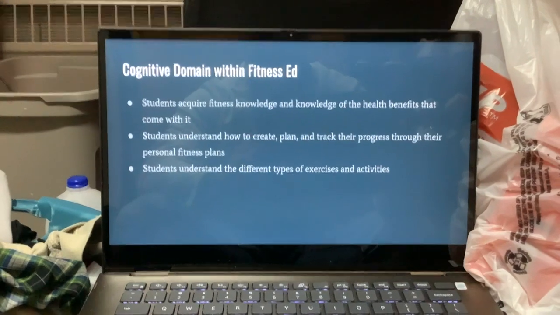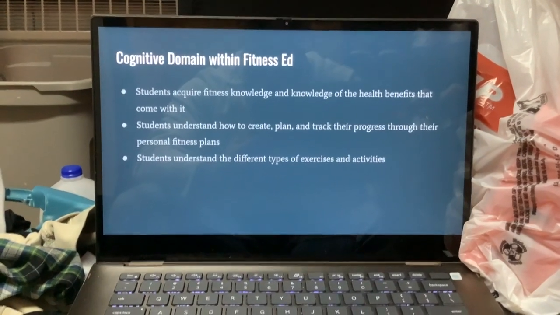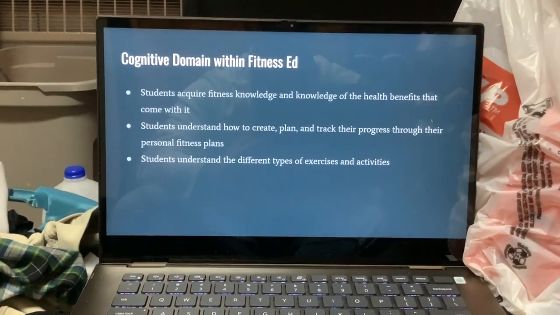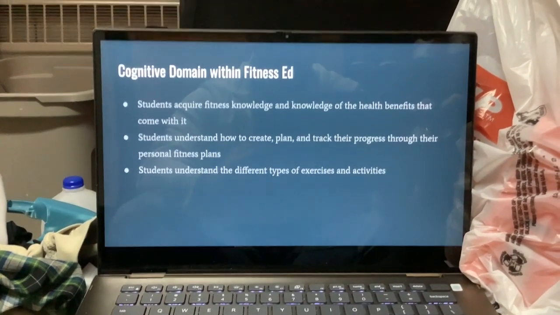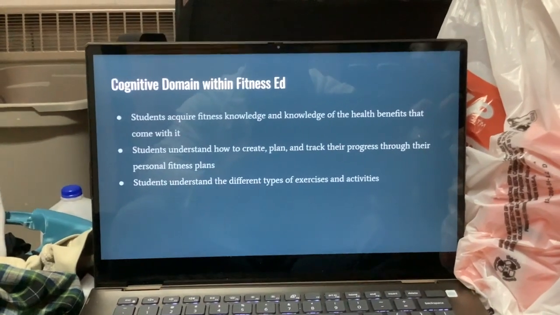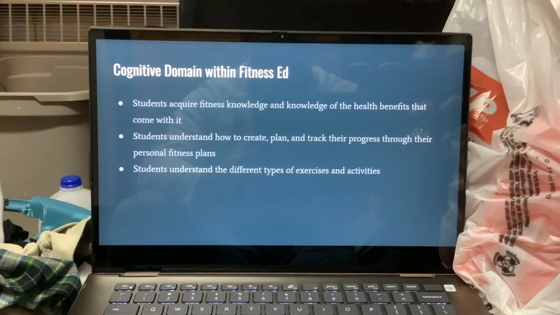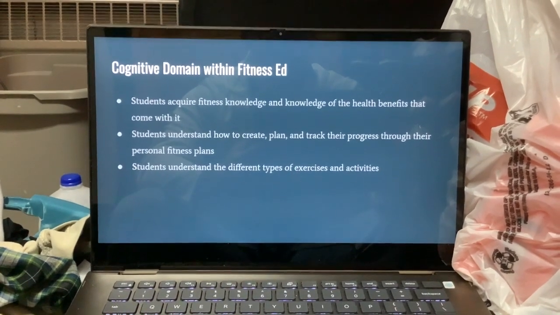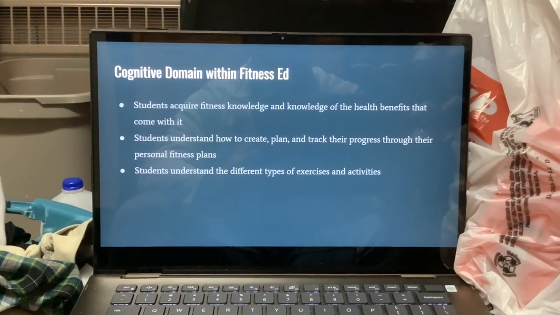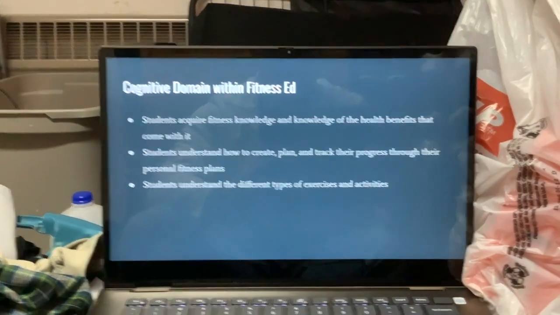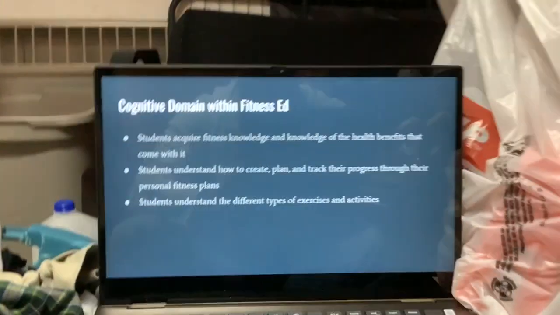I've talked about this a lot recently in this video about setting goals, setting SMART goals, and achieving them. And a lot of kids don't know how to do that, so teaching them is very important. That's what they do in this model. Students also understand the different types of exercises and activities. Coming in, especially for the younger students in elementary school, they may not know the exercises, how to do them right, and this is how we would teach them.